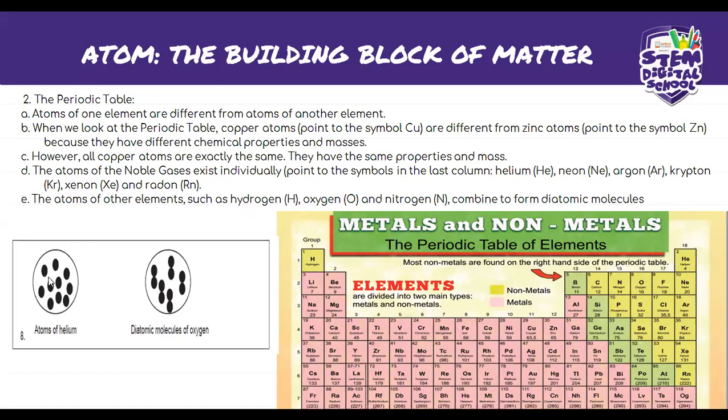Because they are two, it means they are able to interact with another atom of their own kind so that you can get the diatomic molecule. And remember that all diatomic molecules are gases. All right. Let's go to the next.